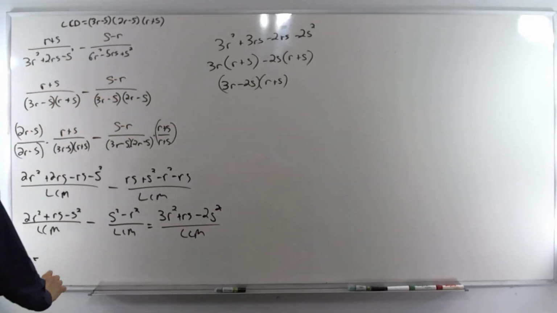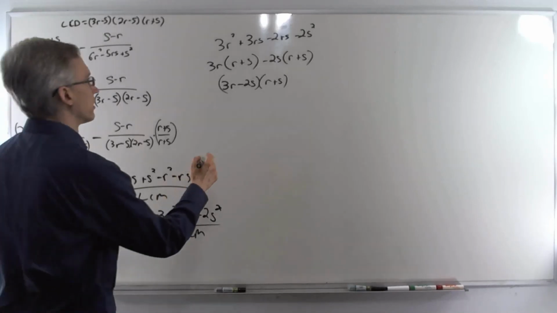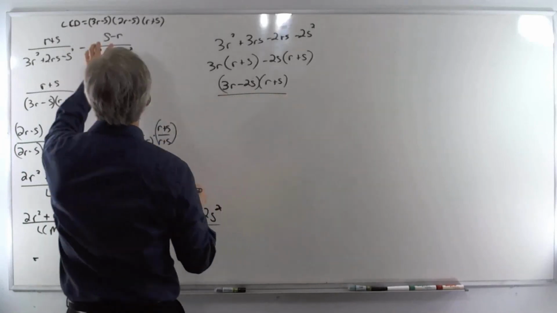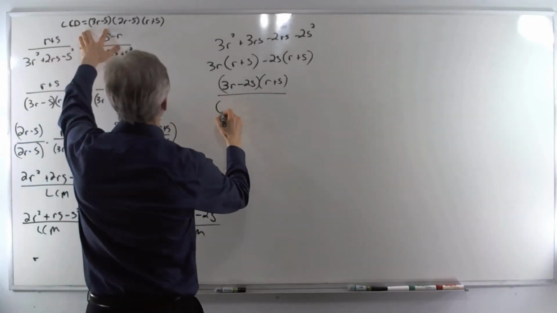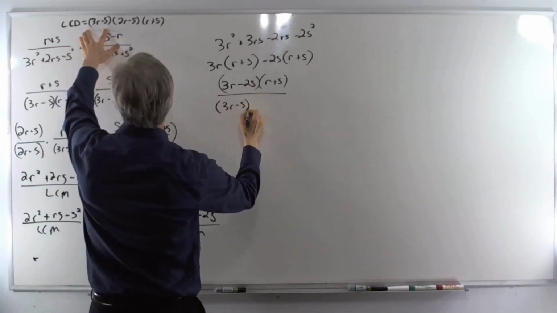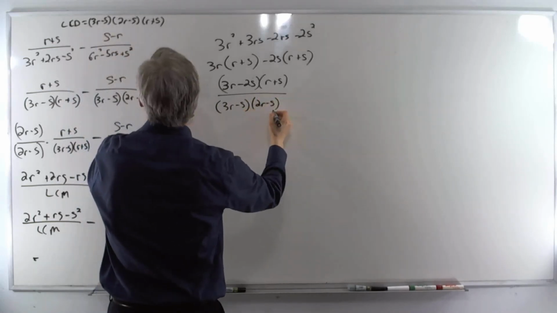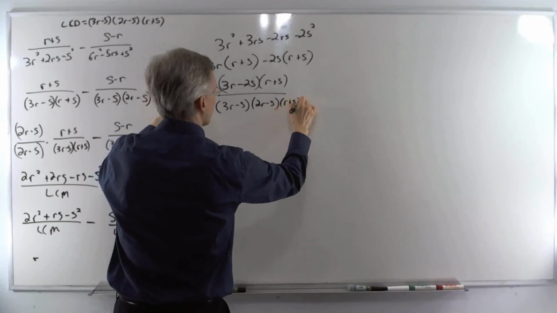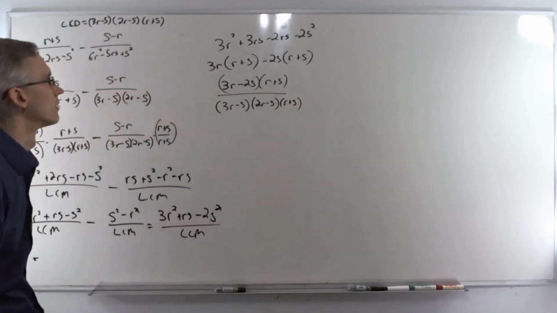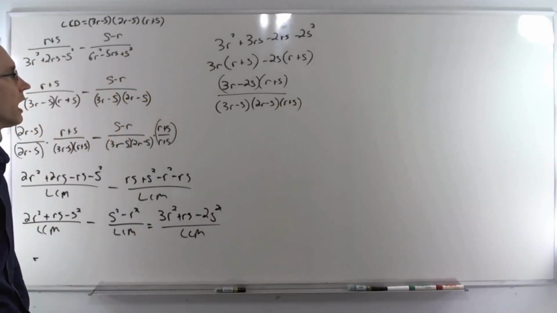So what we have then is, I'll just write it here, put the LCD underneath here, so that gives 3r minus s times 2r minus s times r plus s. And we have a cancellation then.